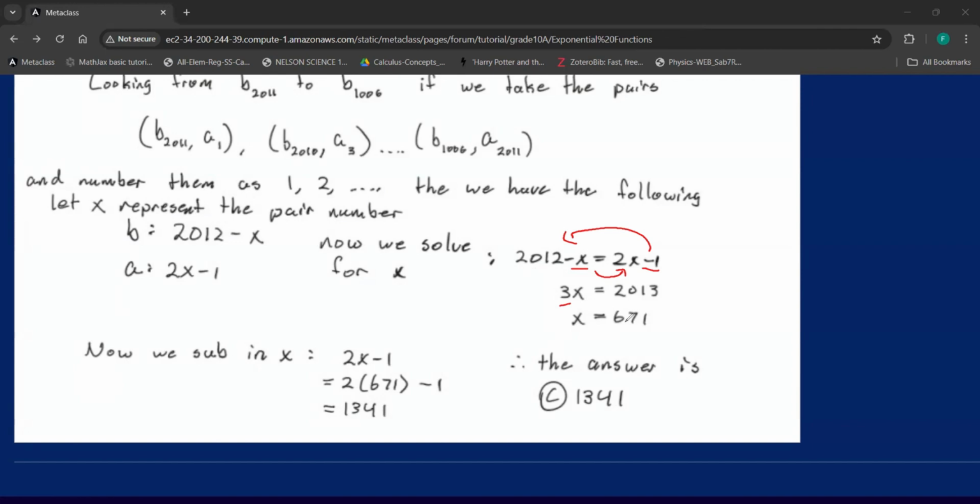Now we just sub this value into one of these two equations. I just chose 2x minus 1. You can also use 2012 minus x, you'll get the same answer. So that's 2 times 671 minus 1, which is equal to 1,341. And so the answer is C.